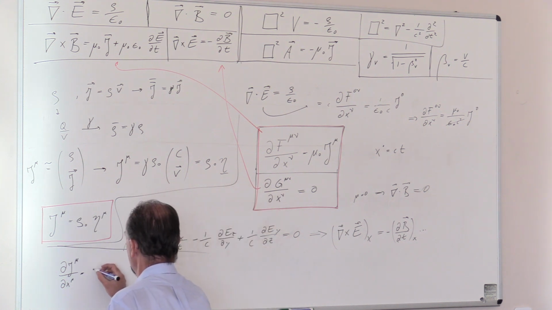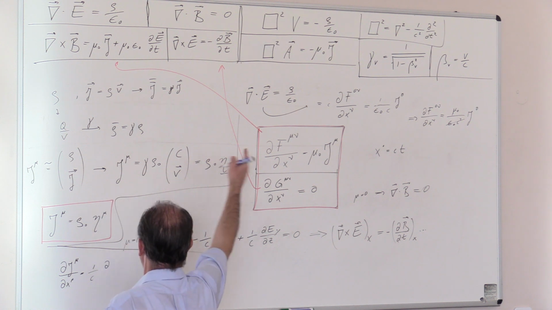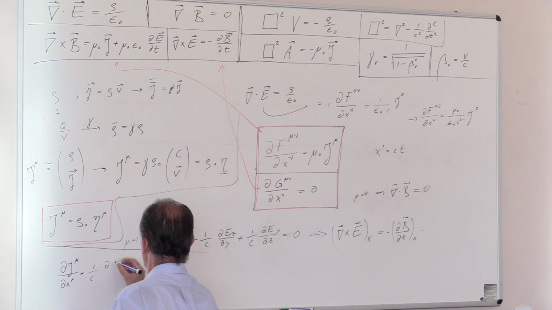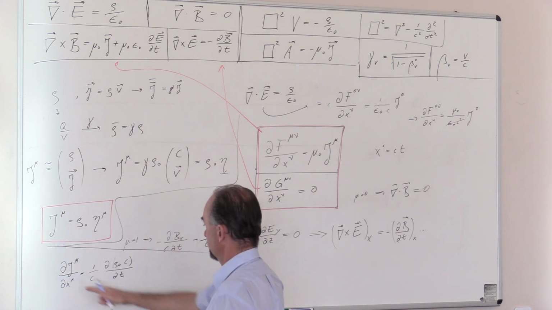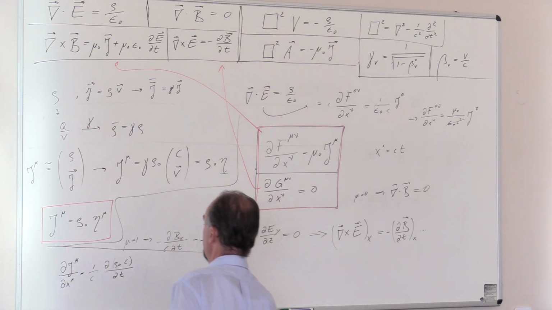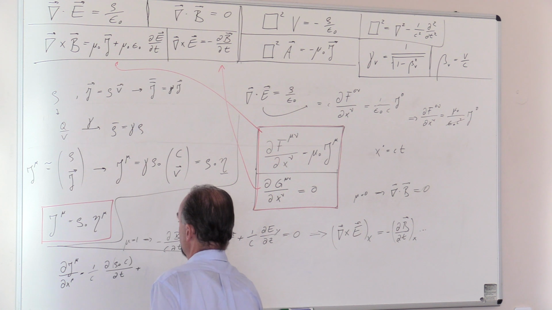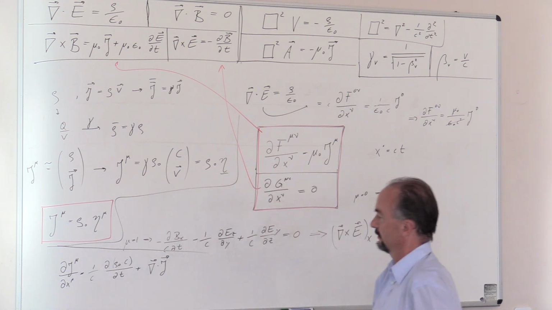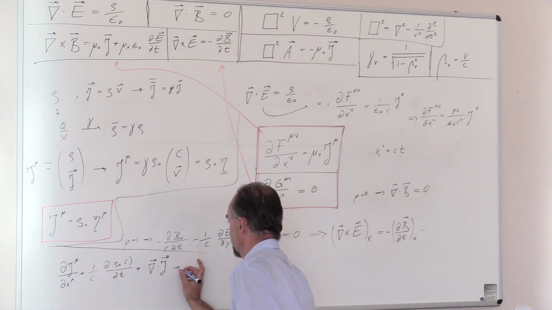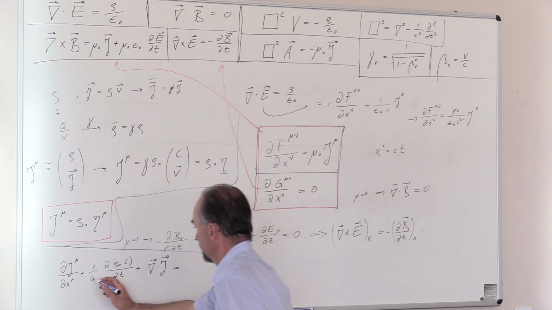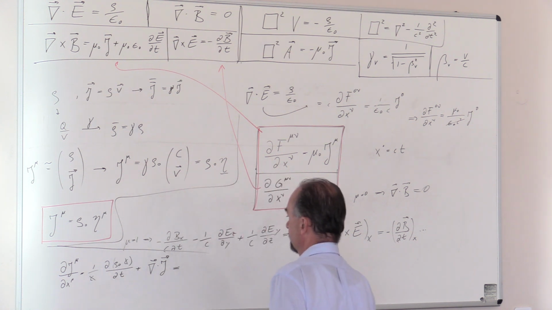So this is then 1 over c, d j naught, but j naught is rho c, over dt, right? That is the 0 part of the sum, plus the rest is the divergence of j, right?